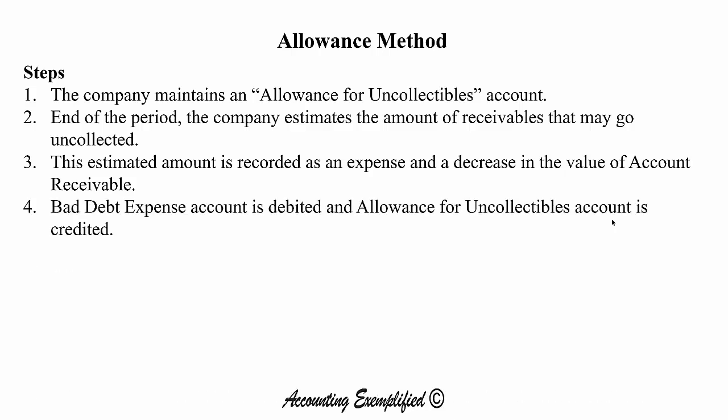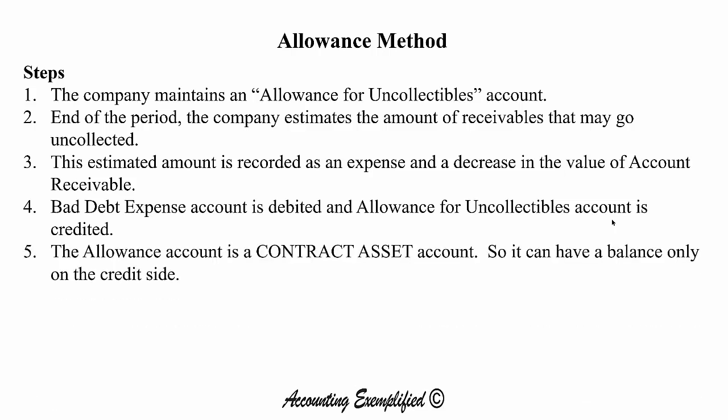Now, bad debt expense will be debited, and allowance for uncollectible accounts will be credited for the estimated amount. This allowance account is a contra asset account. As you know, any contra asset account will show a decrease in the value of the asset. So this contra asset account can have a balance only on the credit side.